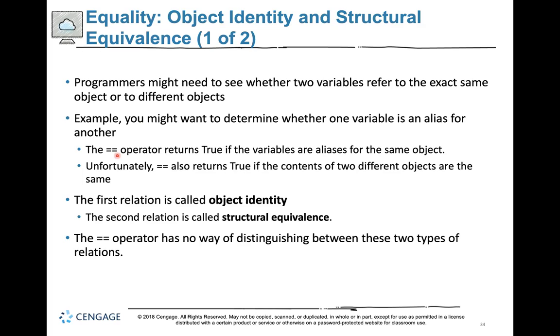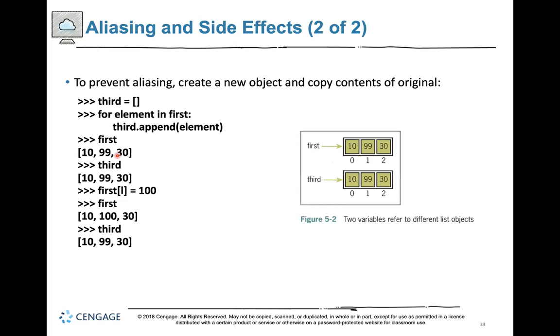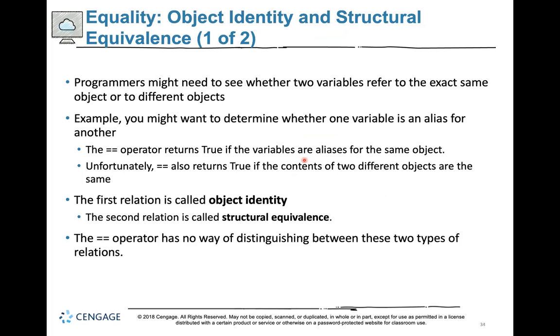Now, if what you want is just saying, you have two names here, are they the same? Then you're talking about the object identity. So remember this. If you want to know if this first and third point into the same object or not, then you can use the is operator, like first is third as a Boolean expression instead of the equals operator. Okay, these are two different types of equality.